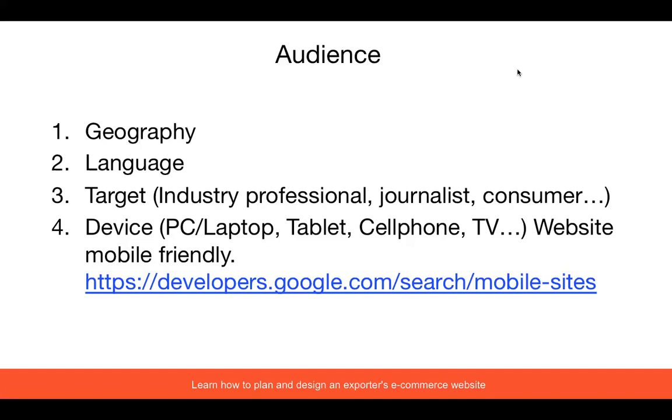So remember, your website must be prepared to be responsive. That means it must adapt the design to any device people are using. If you want to know how important it is that your website is responsive, people may browse on the mobile phone, you have here the link to the information from Google, because this is very important for Google's search engine optimization.